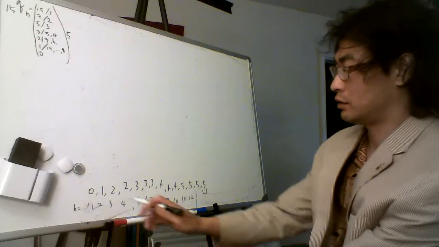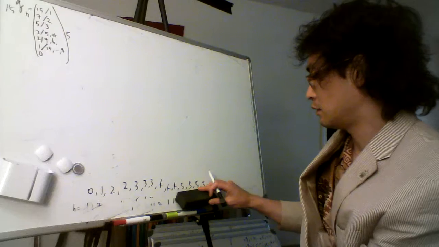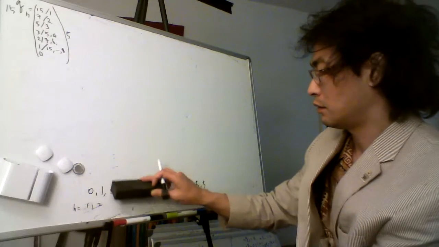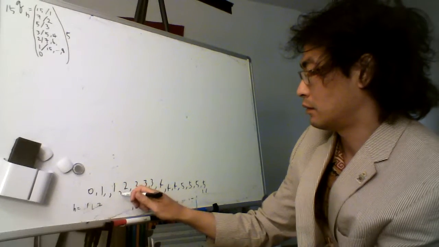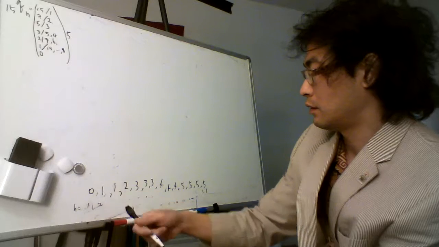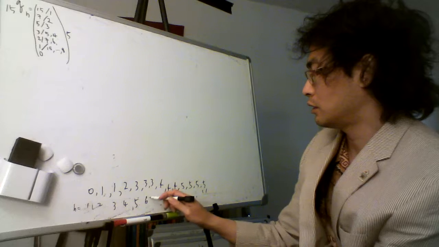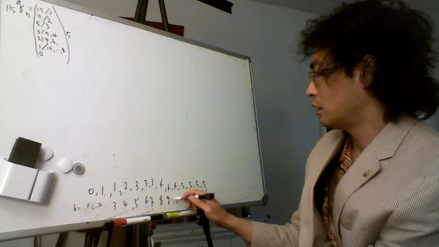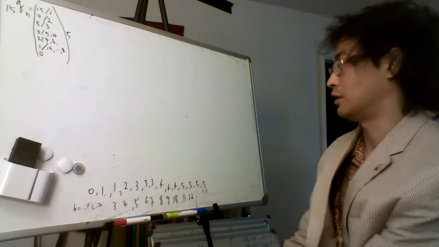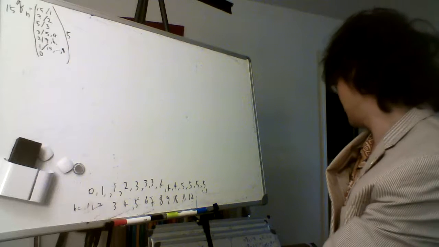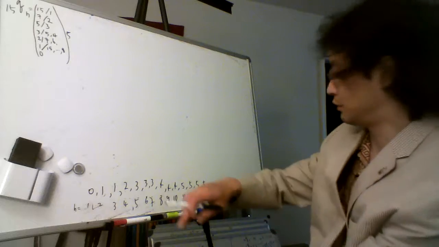Oh, there are 2 ones. Just one more one. Sorry. One, two, three, four, 5, 6, 7, 8, 9, 10, 11, 12. I messed it up again. Where did I mess up this time? Two twos. Oh, the two twos.